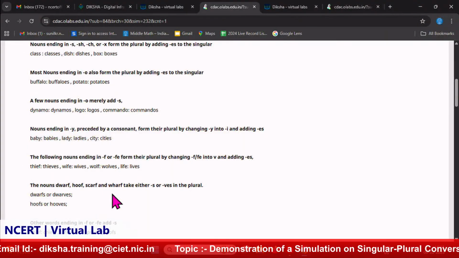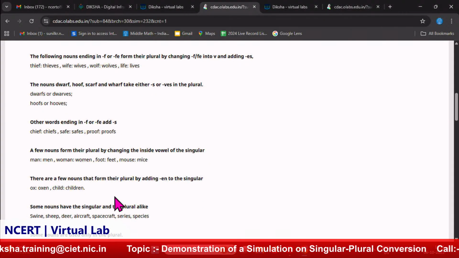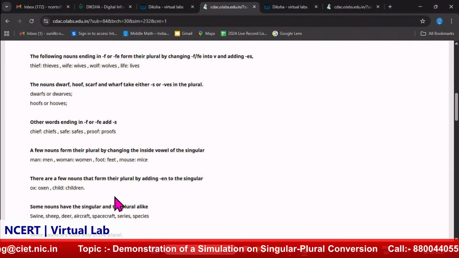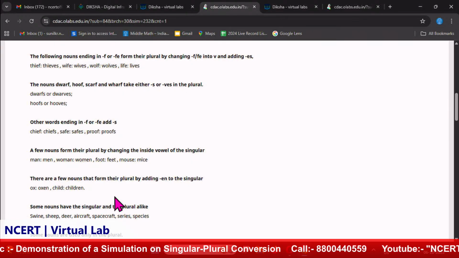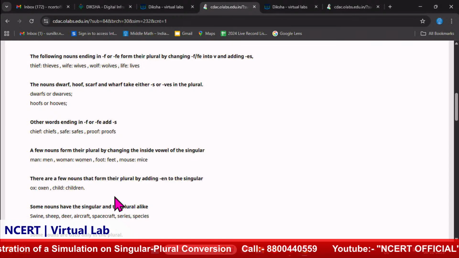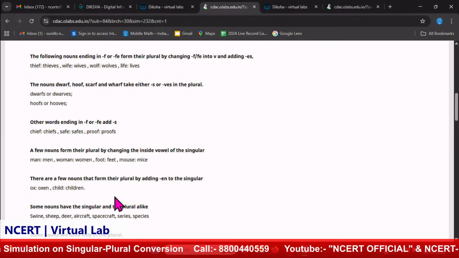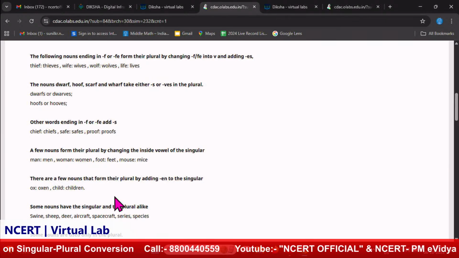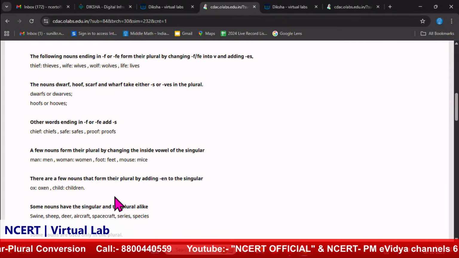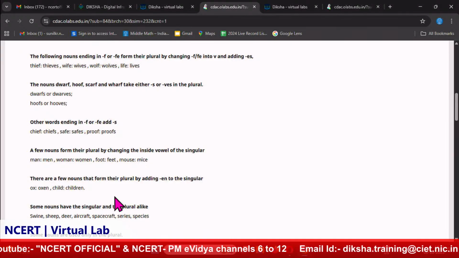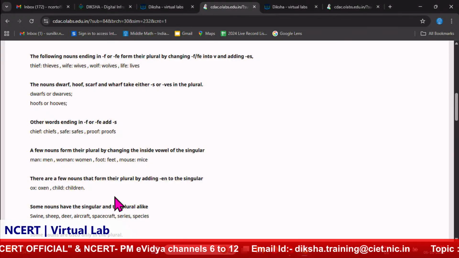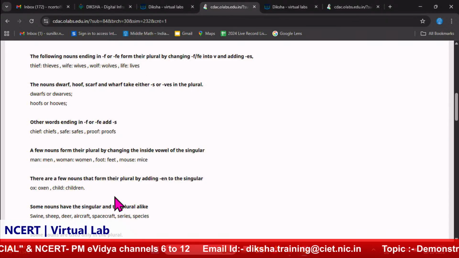But there are some words where those that end in F will have a simple S ending. For example, chief does not become chieves, though one should think that by rule if thief becomes thieves, why should chief become chiefs? But it does not, and this is the peculiarity of the English language. Once again, they are borrowed from different languages, so the rules that they follow are different. So chief becomes chiefs, or safe becomes safes instead of saves, even though saves itself is a word, which is a verb form, not a noun form.